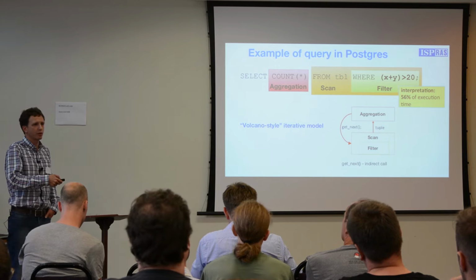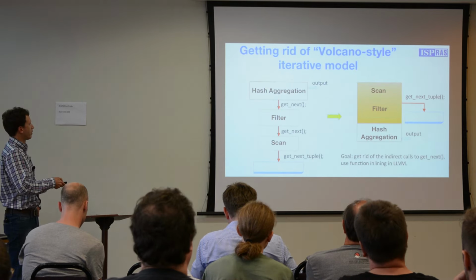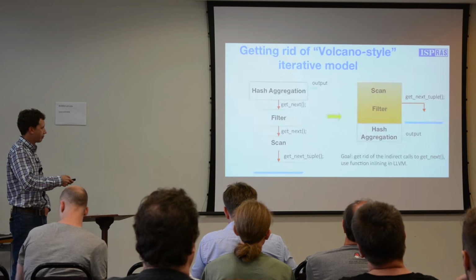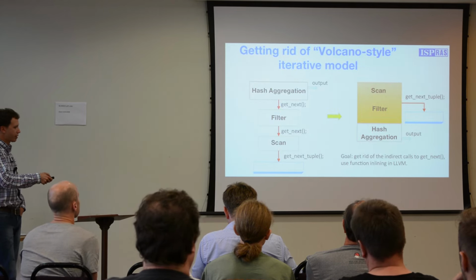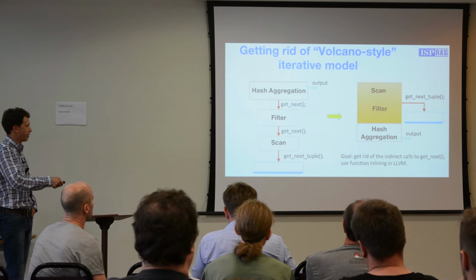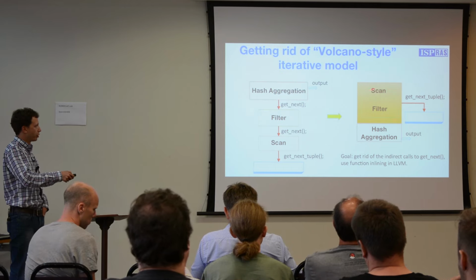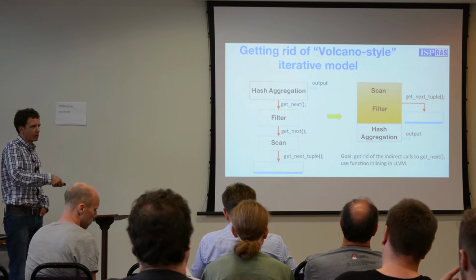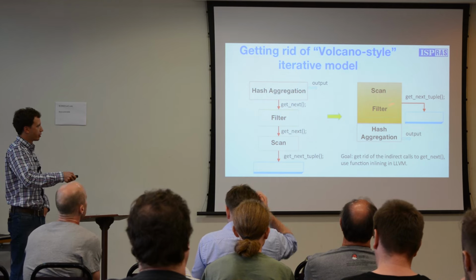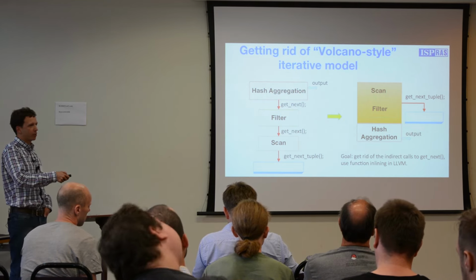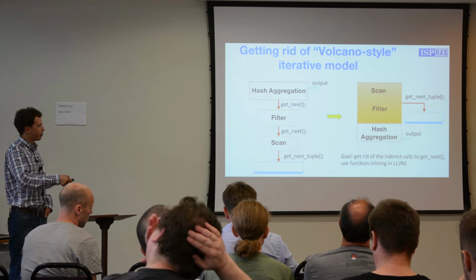Virtual calls are not very well optimized. So we have this model where the top level part of the query asks the underlying parts. This is slow. We want to make it a more natural way, so we traverse the database and filter it and then do aggregation. Then LLVM can inline one into each other and make it faster.